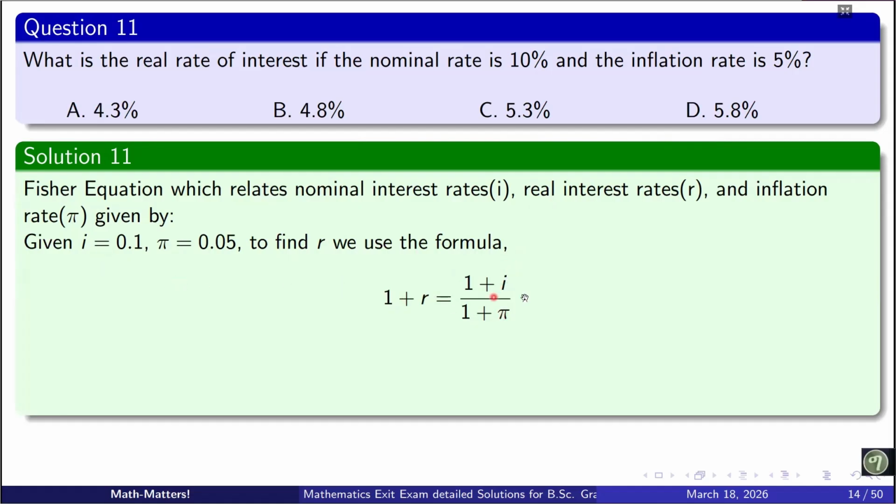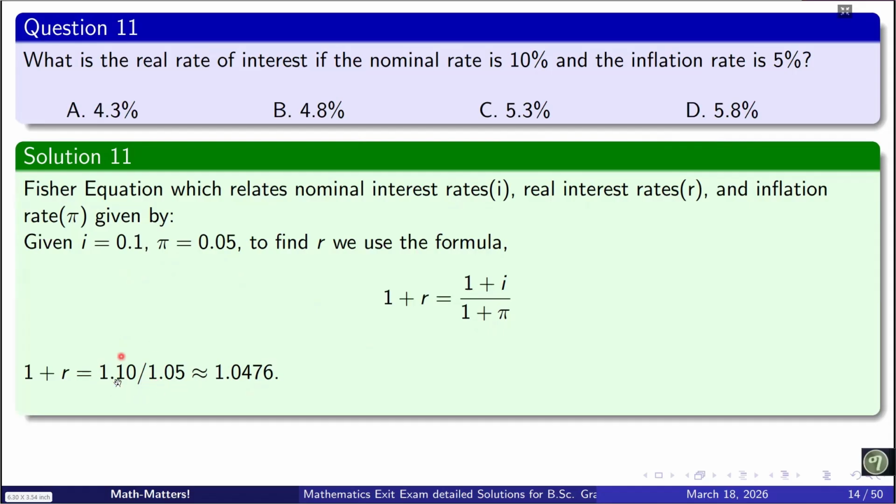Substituting these values, 1 plus I is 1 plus 0.1, which is 1.1, divided by 1 plus pi, which is 1.05.